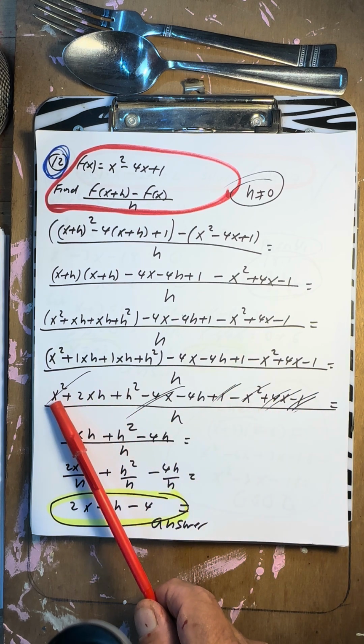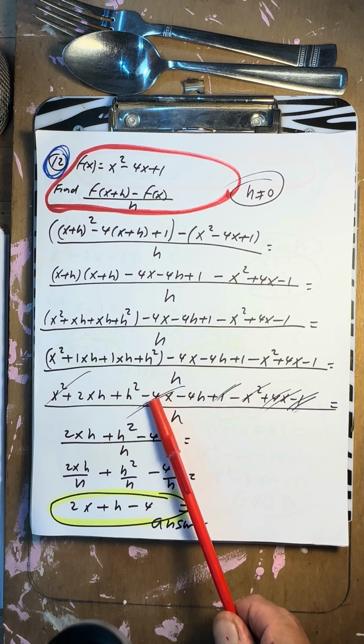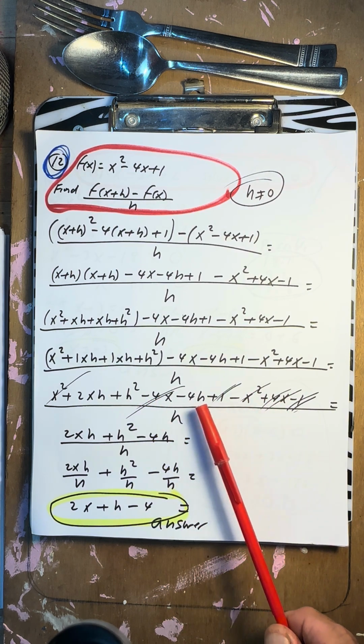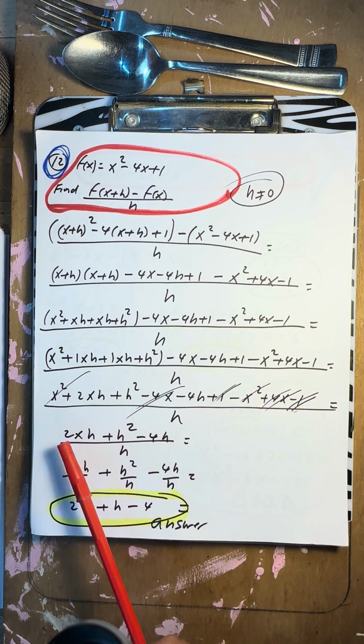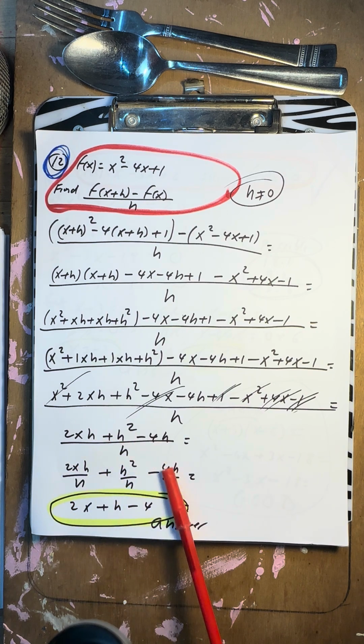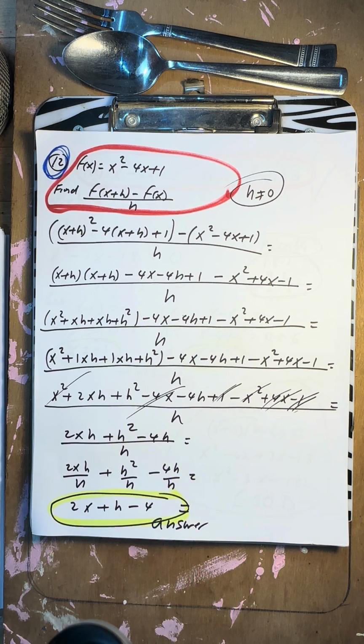Now notice, x squared and negative x squared go away. Negative 4x plus 4x goes away. Positive 1, negative 1 goes away. So what's left over is 2xh plus h squared minus 4h, over h. Now divide h into each one of these 3 fractions. So this one is going to be 2x, this is going to be h, and it's going to be just negative 4.